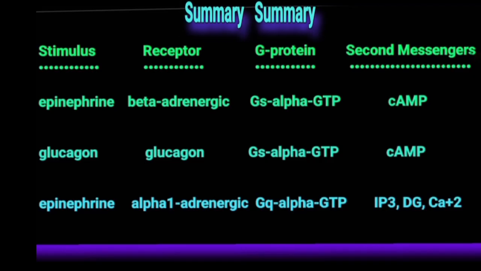Activation of the alpha-1 adrenergic receptor by epinephrine or norepinephrine activates GQ-alpha to activate phospholipase C and produce IP3, DG, and calcium as second messengers.